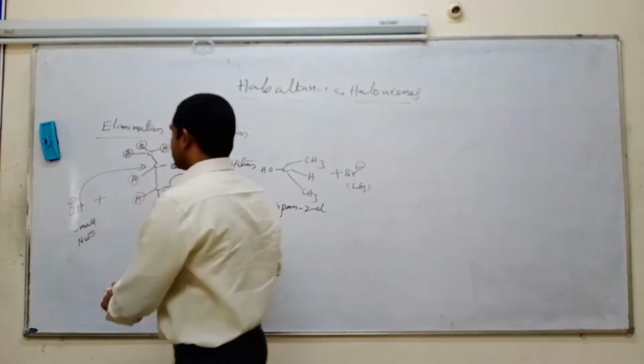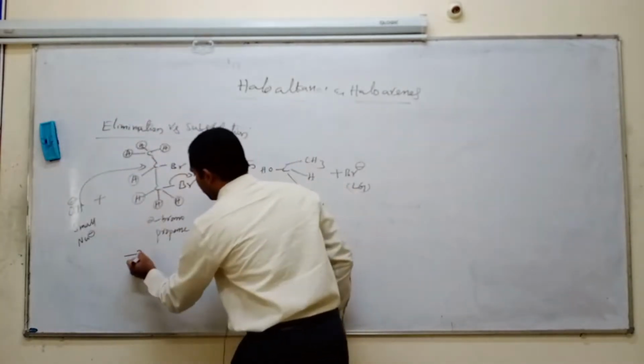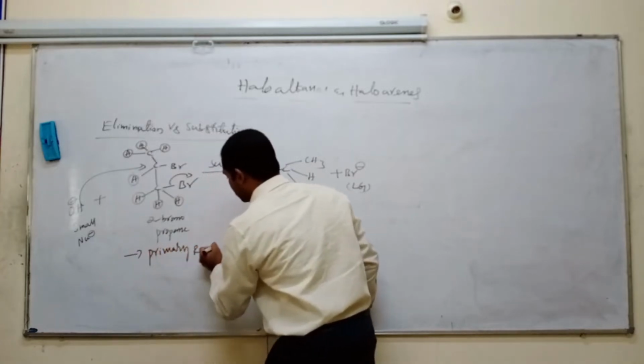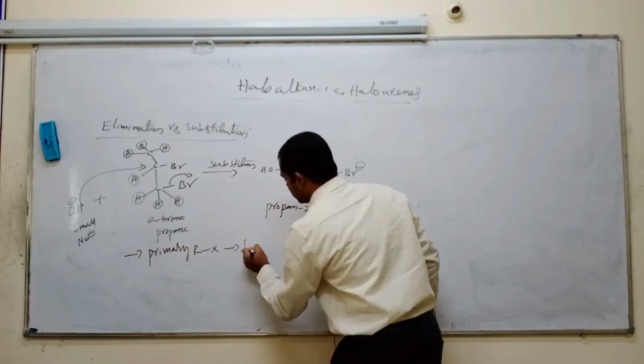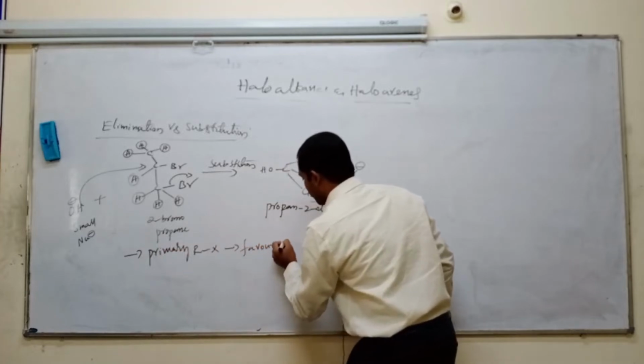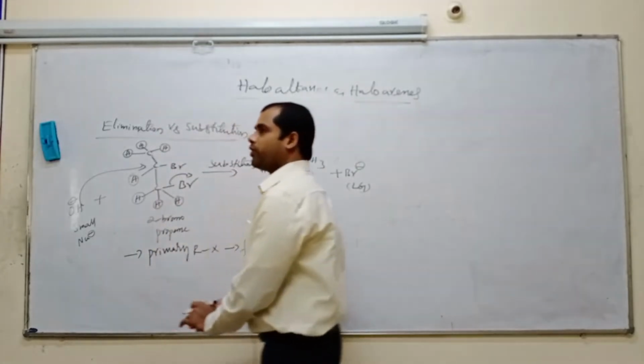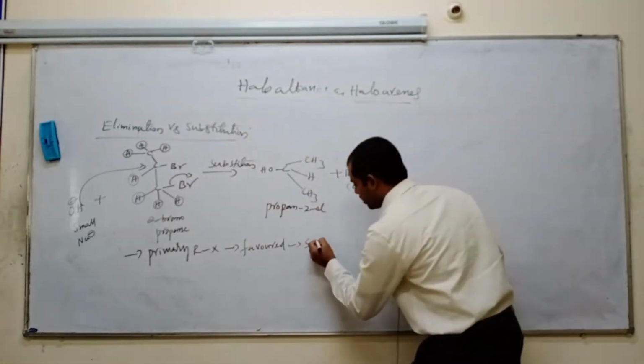Generally, primary alkyl halides always favor the SN2 reaction only.